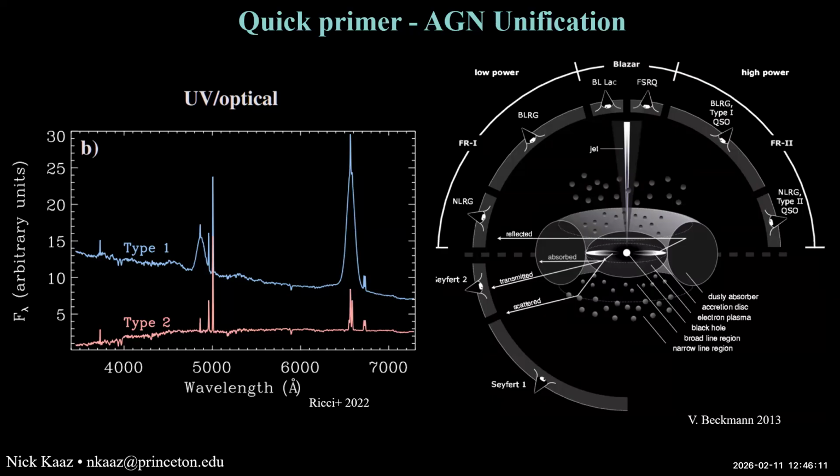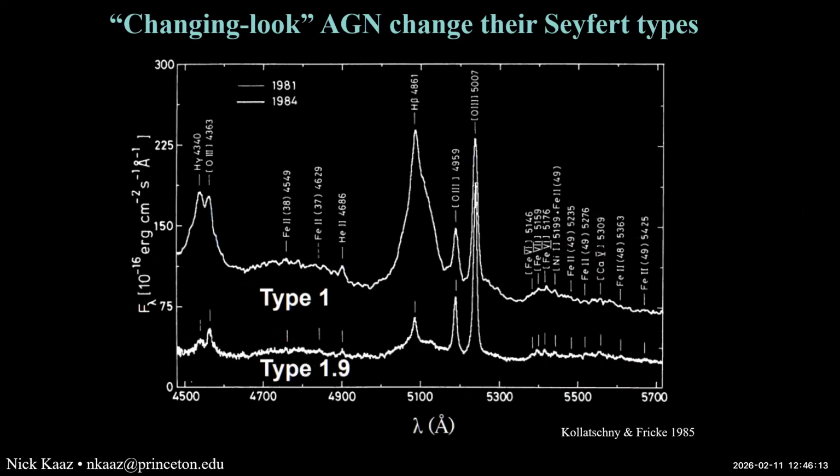Okay, so this is why changing look AGN were weird to people. If you looked at a source one year, you would see these really broad emission lines. And then if you looked at it a year later, those emission lines would be totally gone.